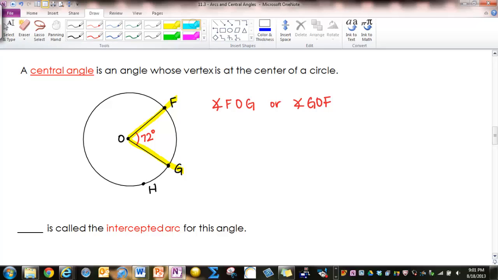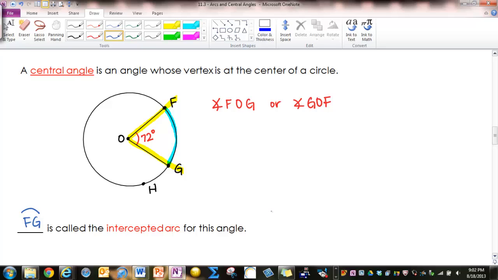Now, the arc that I'm shading now in blue is called our intercepted arc for this angle. So in this case, our intercepted arc is arc FG. It is a minor arc, so I'm going to be using 2 letters to describe it.